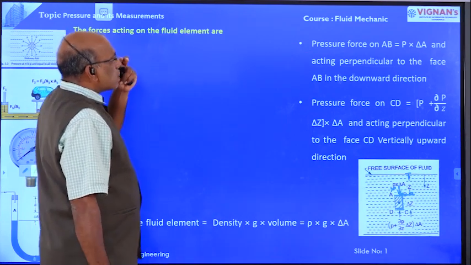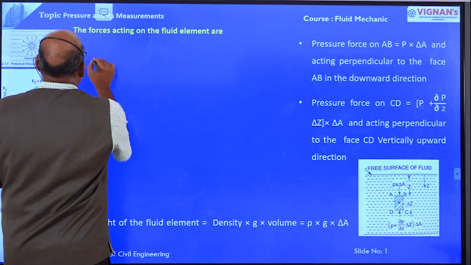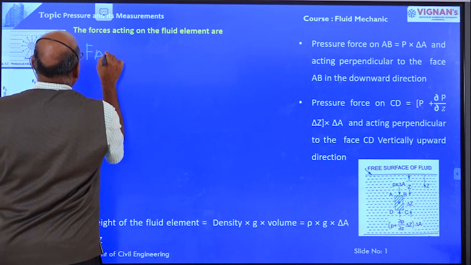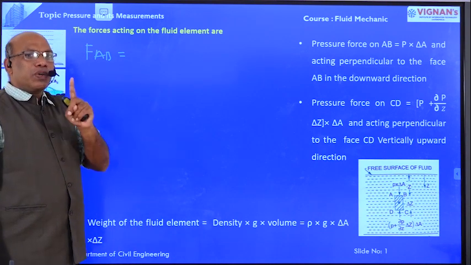Now, pressure force on AB. Force acting on face AB is equal to intensity of pressure into area.